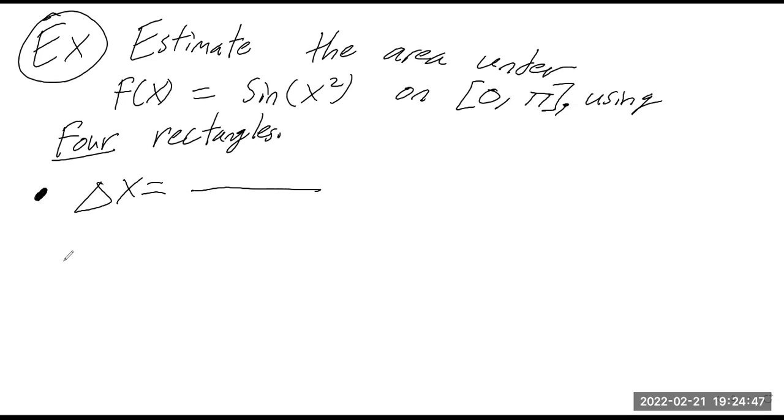So basically, each of these 4 is going to have a common width. And when I add all those up, it should be equal to the length of the interval. If we make that connection with what we did on the previous slide, that should hint to you that in this instance, I'm dividing by 4, and I'm taking the length of the interval up top. So the change in x, our delta x, is pi over 4. And that's going to be our common width of the rectangles.